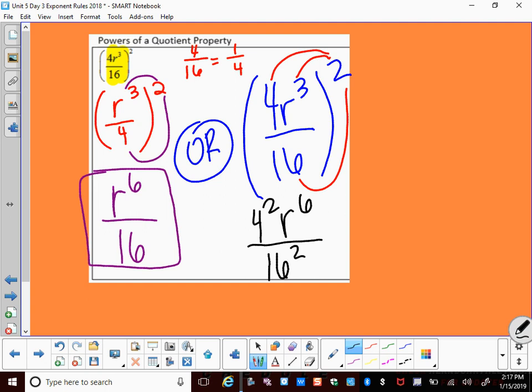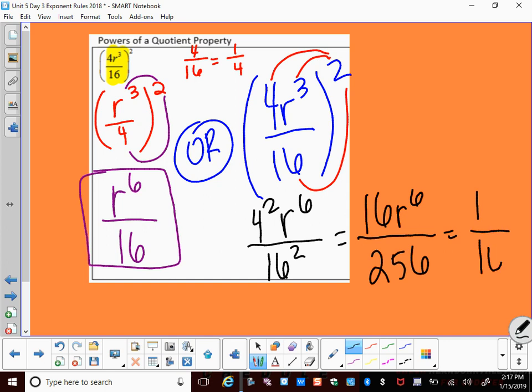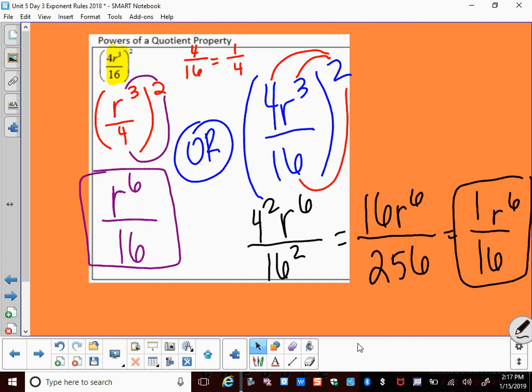Same problem, just a different way. And then you could just do your math. 4 squared gives us 16, r to the 6th. 16 squared gives me 256. If you reduce that, you get 1 over 16 r to the 6th, which is the same answer that we got there. You don't need this 1 in front. It's understood.